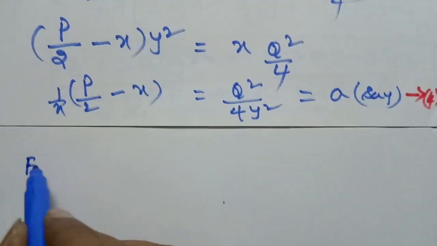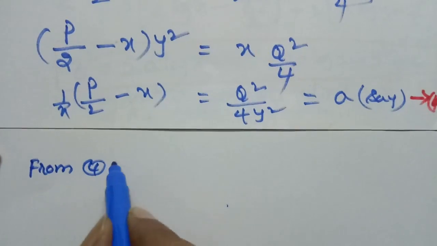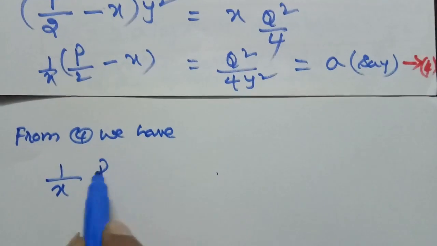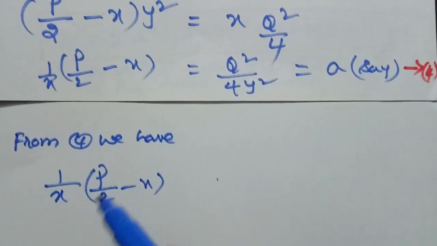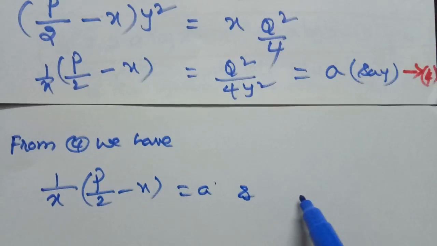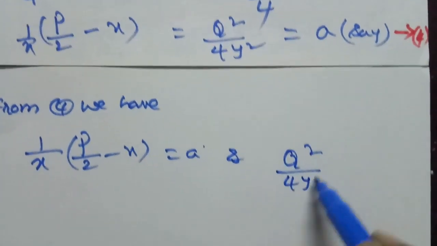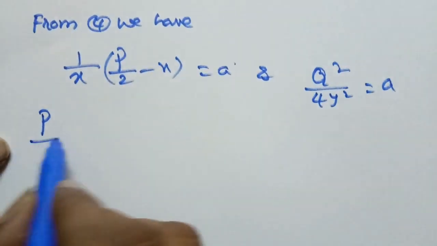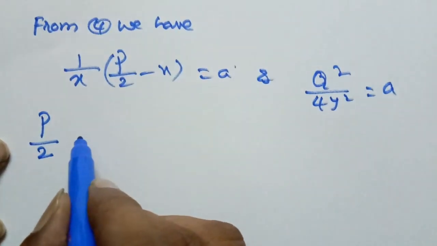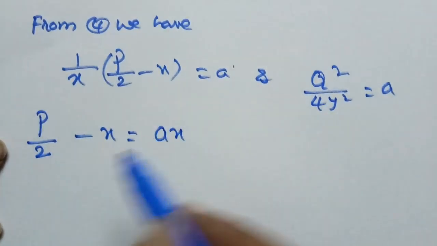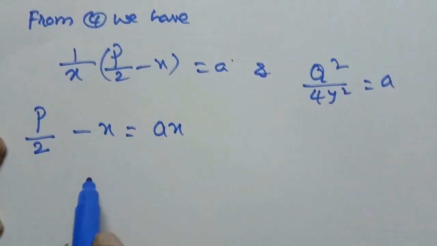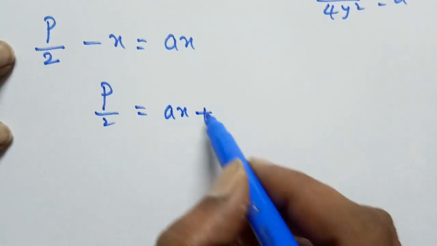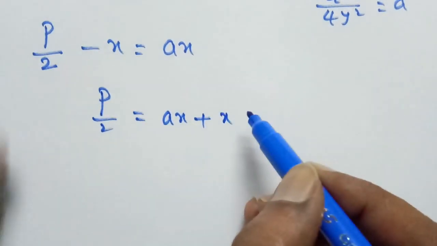From equation 4, we have 1 by x into capital P by 2 minus x is equal to a, and Q square by 4y square is equal to a. Therefore, P by 2 minus x is equal to a into x. Therefore P by 2 is equal to a x plus x.